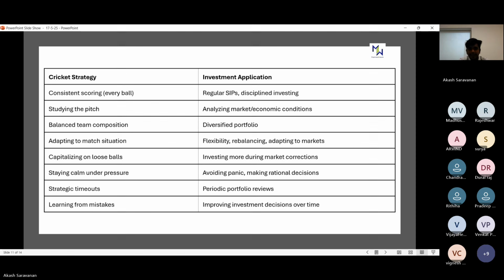And capitalizing on loose balls. As I was saying, when a bowler bowls a loose ball, the player goes for the big shot. Just like that, you need to do the market research and target a few ideas you want to buy at a cheaper price. When rainy days come in the market, you need to act on it, invest a lump sum amount, and make the investment.